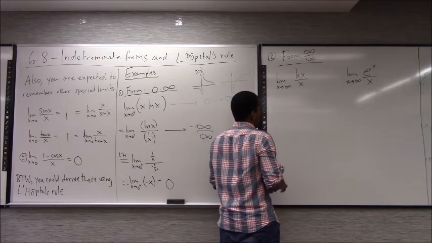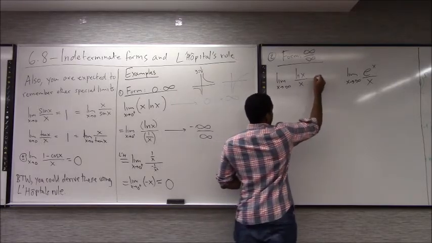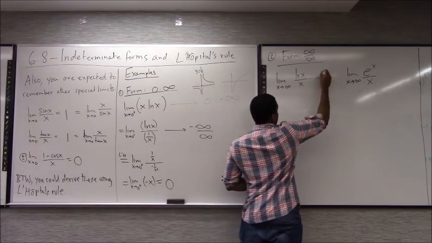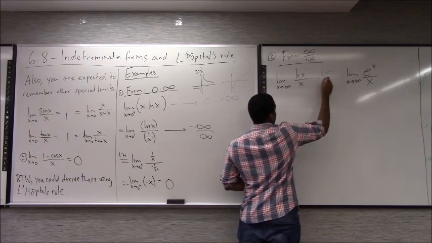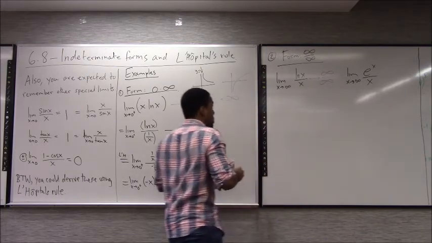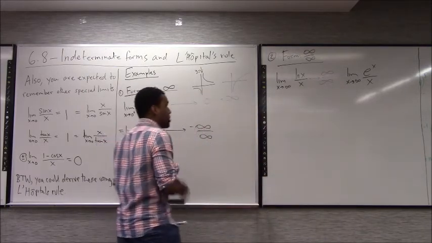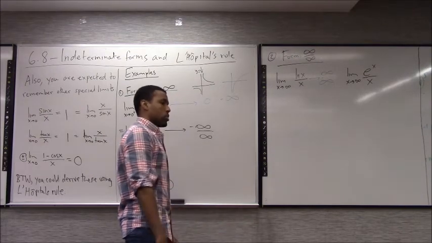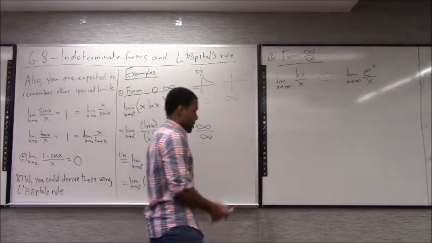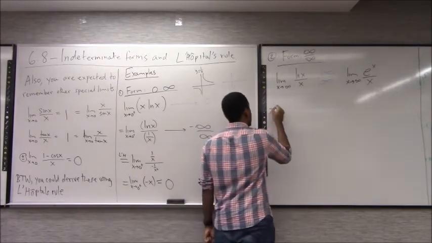Looking at this one, as x goes to infinity, my log is going to go to infinity, and the bottom is also going to go to infinity. But you might not be sure ahead of time which one is going to win, so you can apply L'Hopital's rule.